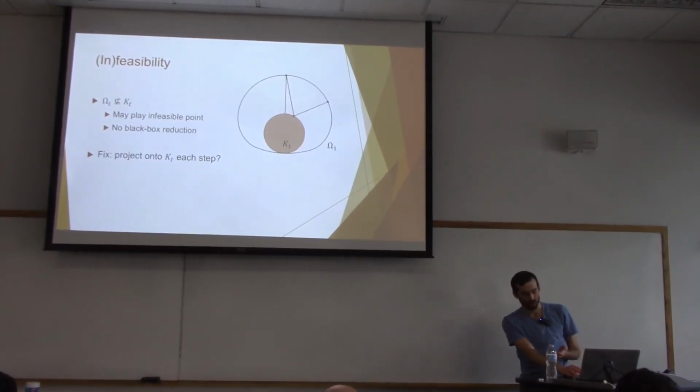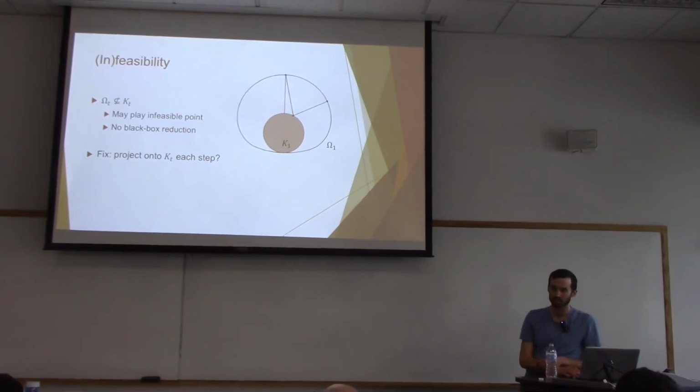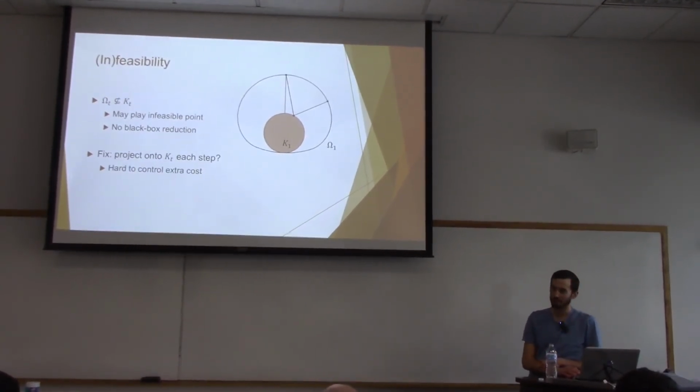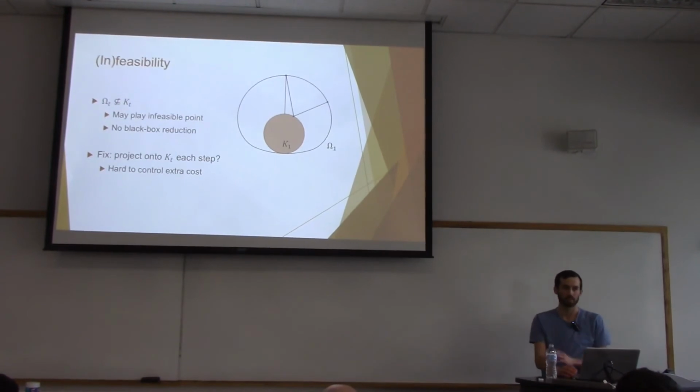Maybe you want to try projecting onto K_t at each step and say, maybe that doesn't incur too much extra cost. But it ends up being prohibitively expensive to do that. In none of the frameworks that we were looking at was there an obvious way to bound that cost.